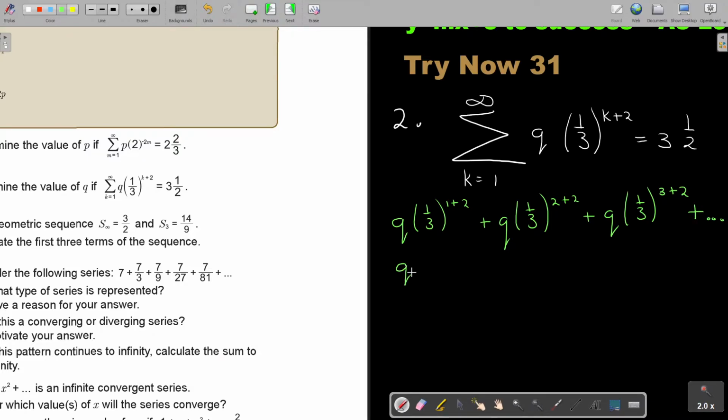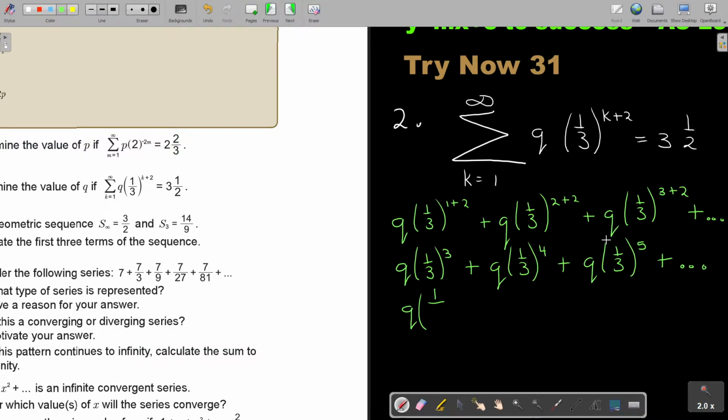So it's q(1/3)^3 plus q(1/3)^4 plus q(1/3)^5 plus and so on. I think I can actually leave it like this.